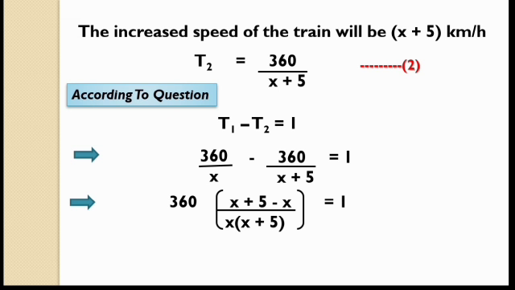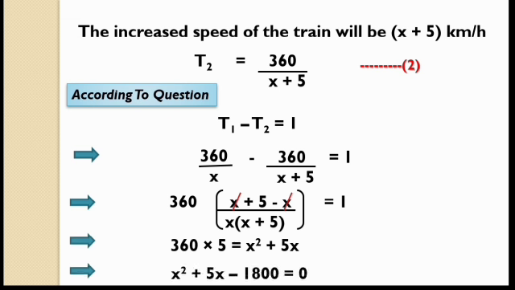Then we will take 360 common, then we will take the LCM, and we will get 360 within bracket x plus 5 minus x, upon x into x plus 5, equals 1. Obviously this plus x cancels with this minus x, and after cross multiplication we will get 360 into 5 equals x square plus 5x.